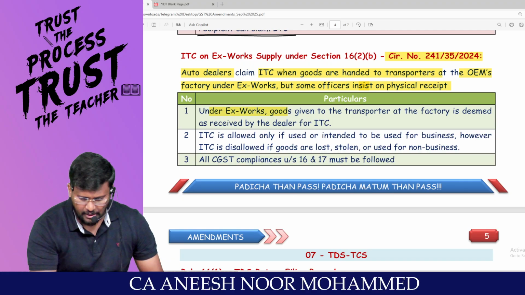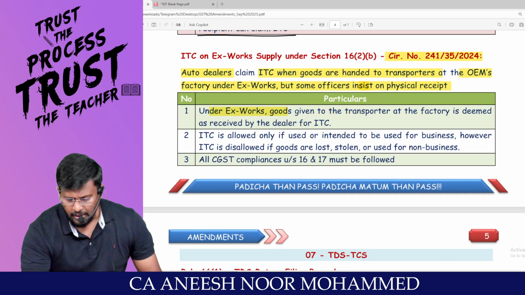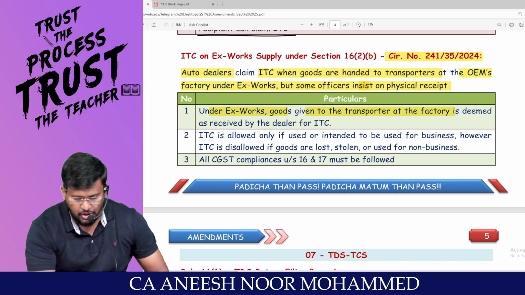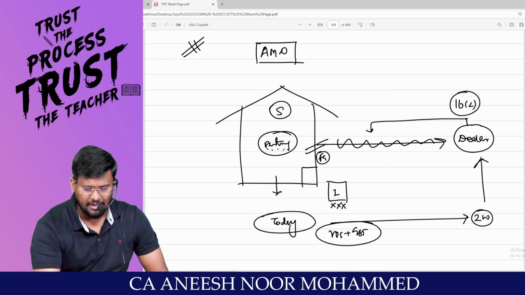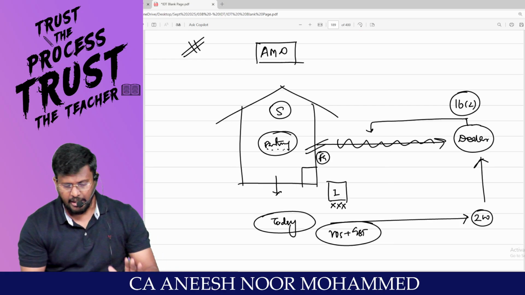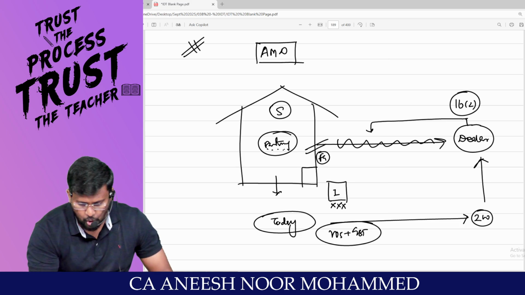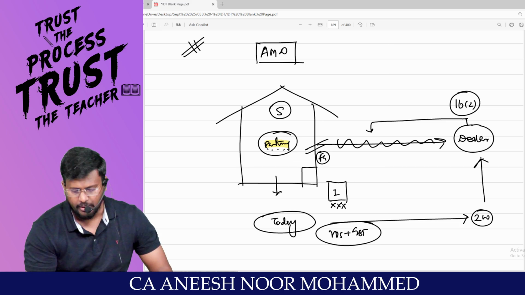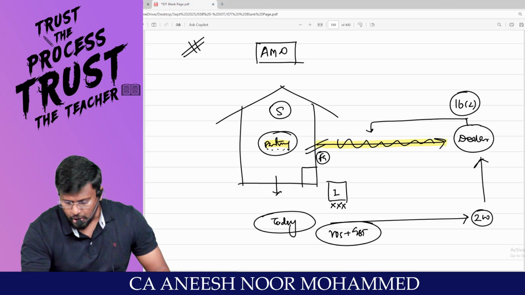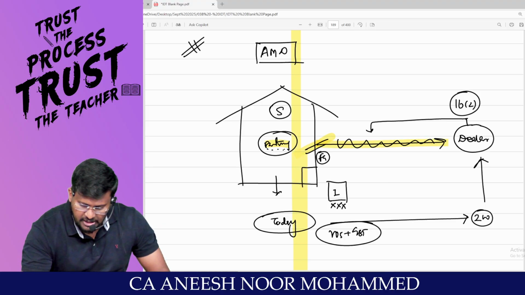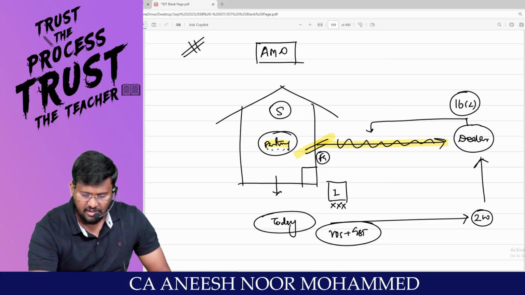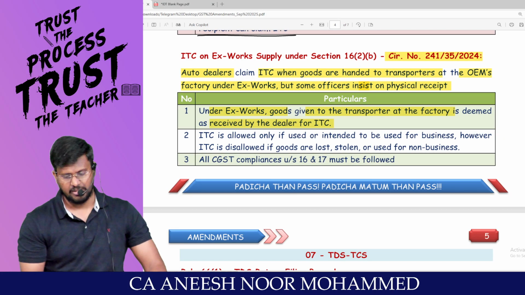So under ex-works, goods given to the transporter at the factory are deemed as received by the dealer for ITC. That means for the purpose of ITC, if the factory is handing over the goods to the GTA for the purpose of transport, you have to assume that at this point itself the recipient has received the goods. It's like deemed receipt.